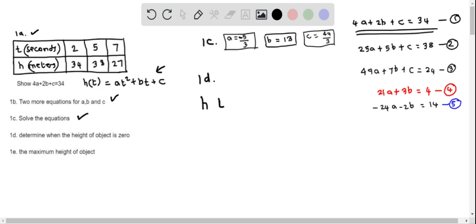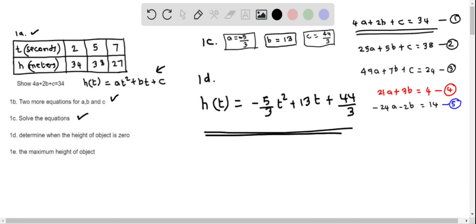So we can write down h of t equals a, which is negative 5 by 3 t square, plus b, which is 13, so it becomes 13t, plus c, which is 44 by 3. So this is the model for the height of the object. We have to determine when the height of the object is 0.